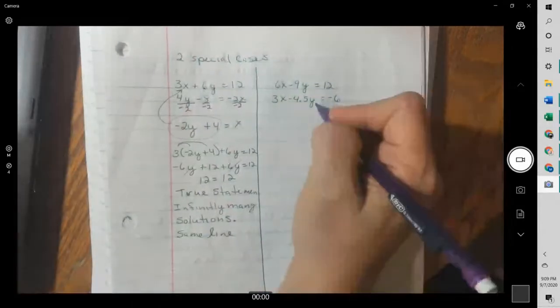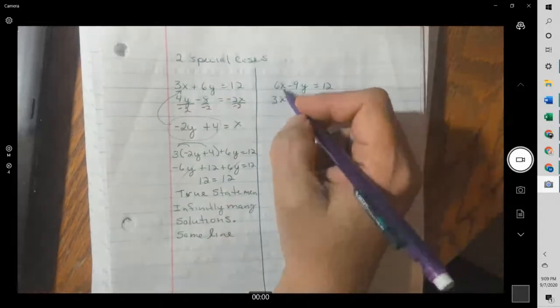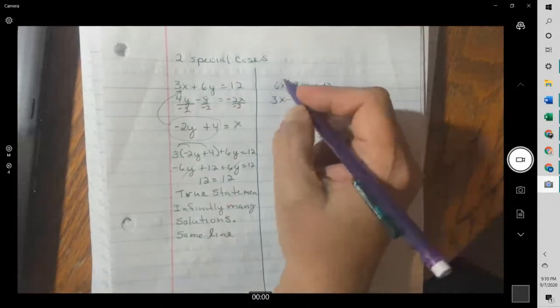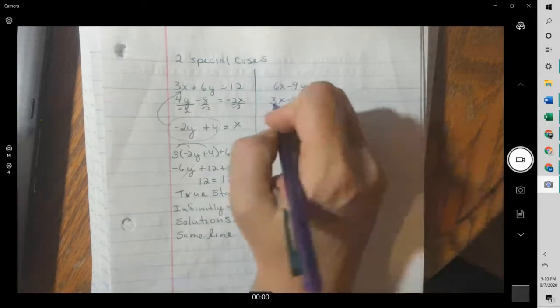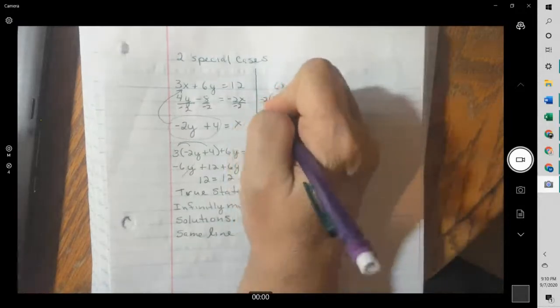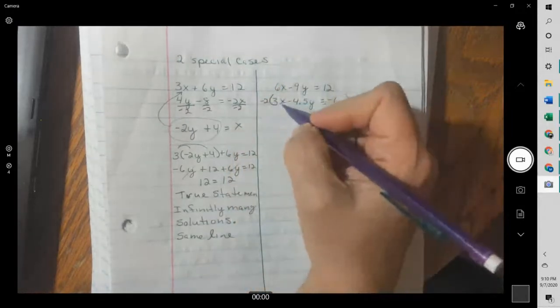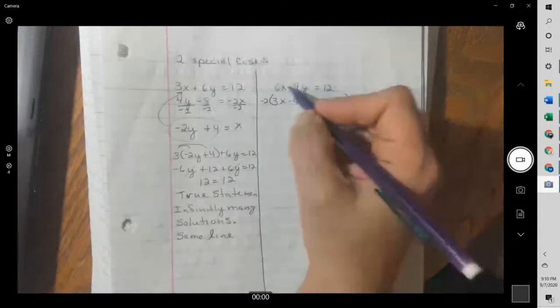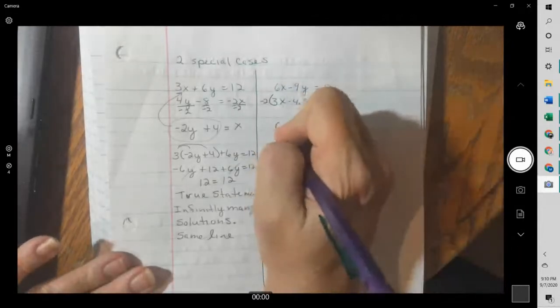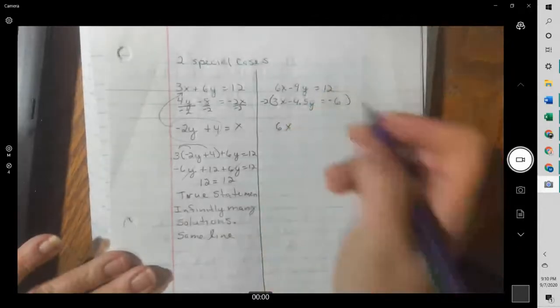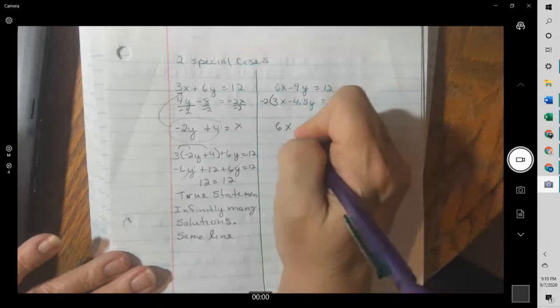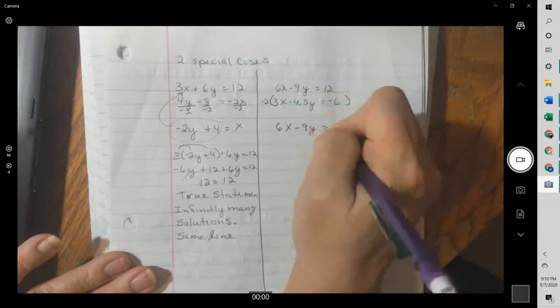Now on this one, notice if we multiply, we can get the 6's to drop out if we multiply this 3 by a -2, because then we'd have a -6. So I'm going to rewrite the first equation because I don't have enough room over here. 6x minus 9y equals 12.